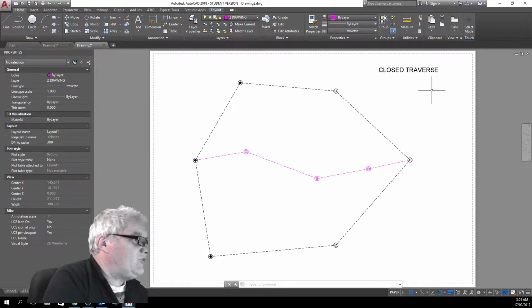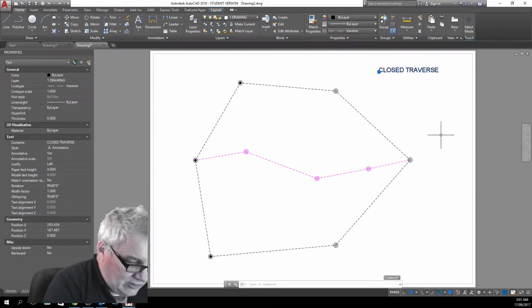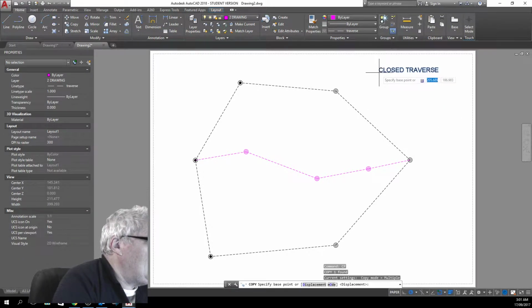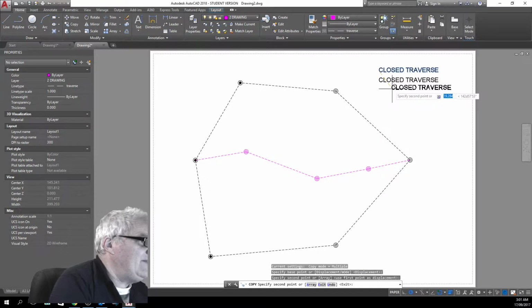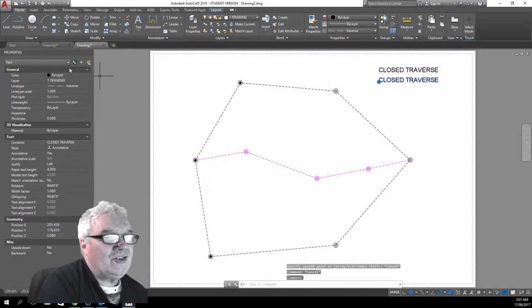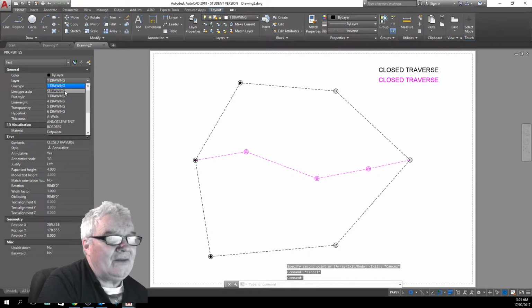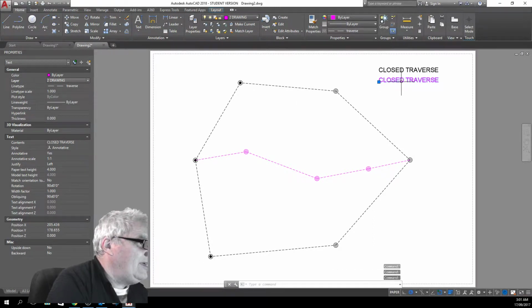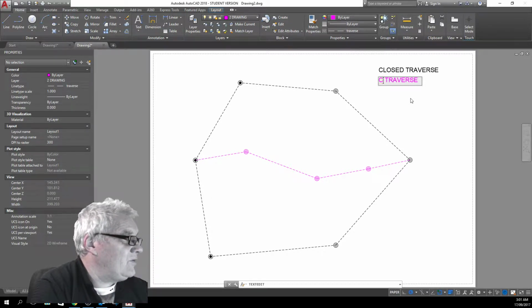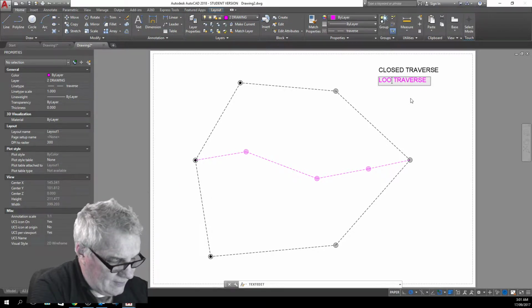So let's just copy this down to here, and we'll put that into this drawing 2 layer, which will make it go magenta, and then we'll just change that to a loop traverse.